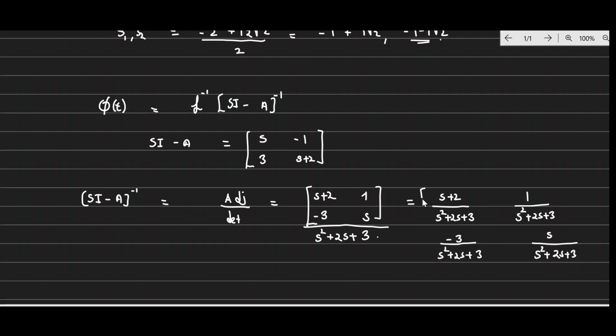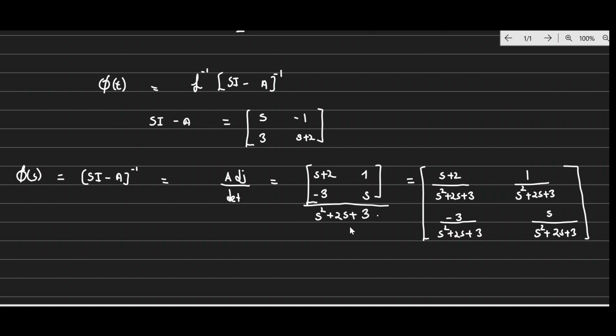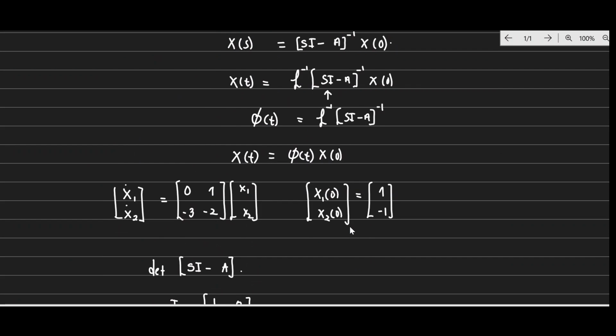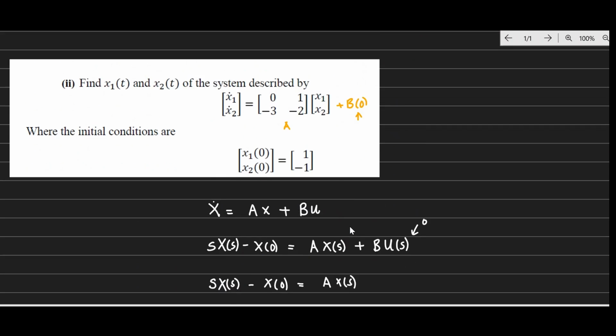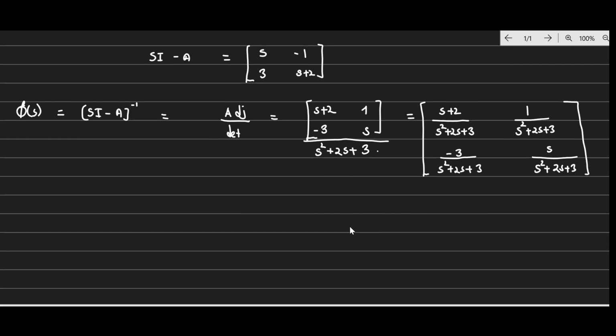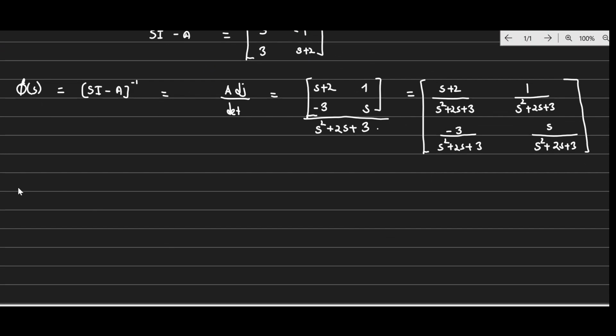So that's it, the phi of s, in the s domain. When you take the Laplace inverse of this, we will be able to convert to the time domain. I'm sure we're all fine thus far. All right, now let us find phi of t. Remember that phi of t is simply the Laplace inverse of phi of s, isn't it?